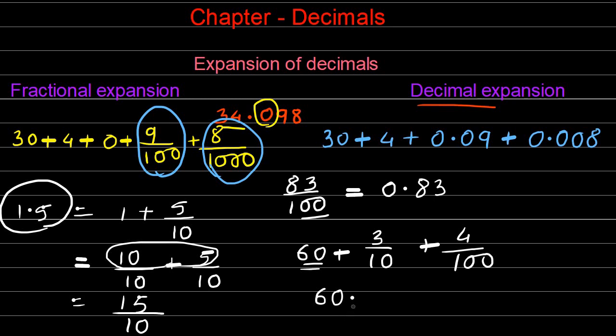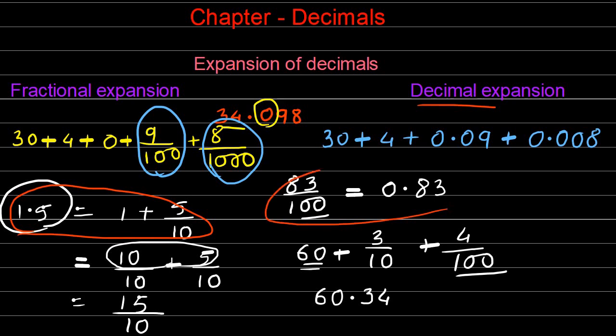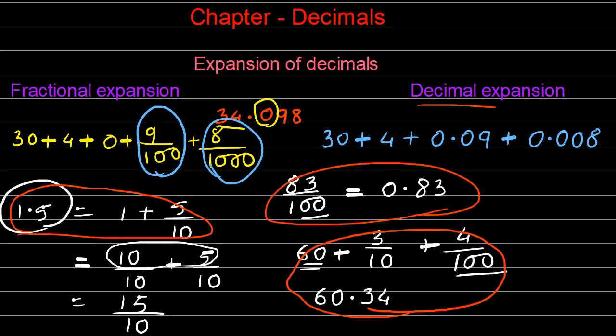Now 3 by 10, that means 3 is present at the 10th position and 4 by 100, that means 4 is present at the 100th position. So your decimal number would be 60.34. And these are some of the small questions you may get in your exam, to convert decimals into fractions, to convert fractions into decimals, and to convert expanded form into decimals. Very simple small examples I have given.